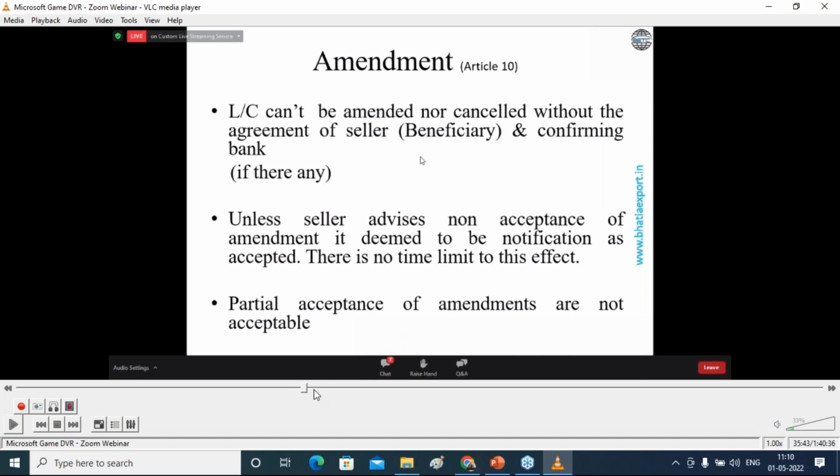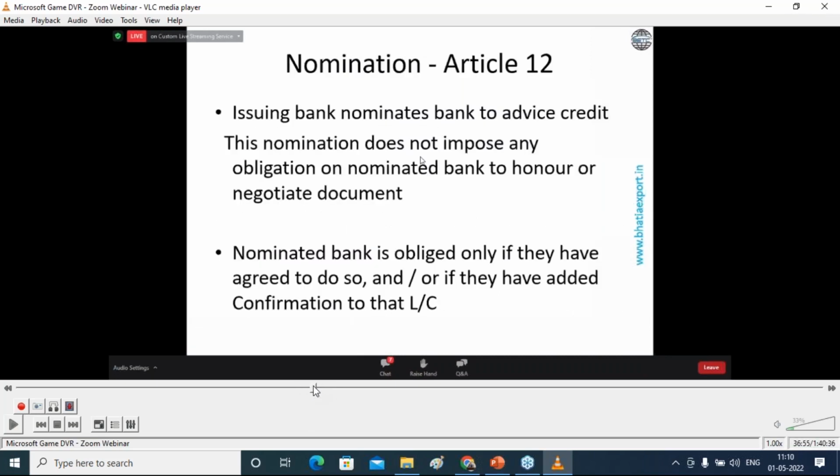Partial acceptance, there is no such concept. Accept means whatever the amendments are, they have to be accepted accordingly. There is no partial acceptance of amendments. The issuing bank nominates the bank to advise the credit. This nomination does not impose any obligation on the nominated bank to honor. The LC is opened by the opening bank and routed through the beneficiary bank, which in our country India is the exporter's bank.